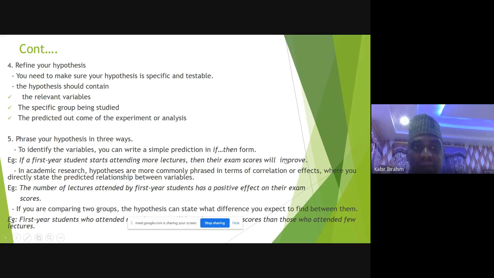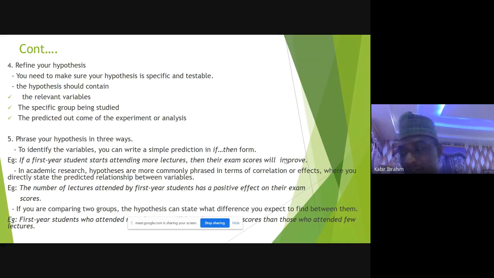4, refine your hypothesis. You need to make sure your hypothesis is specific and testable. What is meant by testable? You have to make sure that when you set the hypothesis, you can test it scientifically. The hypothesis also should contain the relevant variables and the specific group being studied.